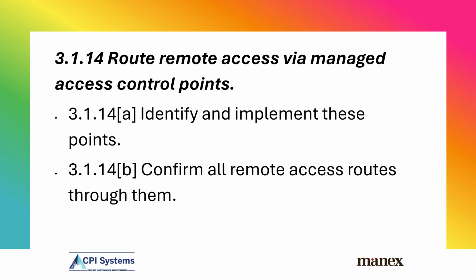What does that mean? A, identify and implement these points. And B, confirm that all remote access routes through those points. This means that you must control and monitor all entry points into your networks used for remote access, and also confirm that these controls are working.